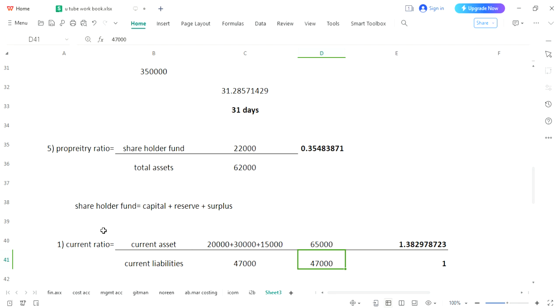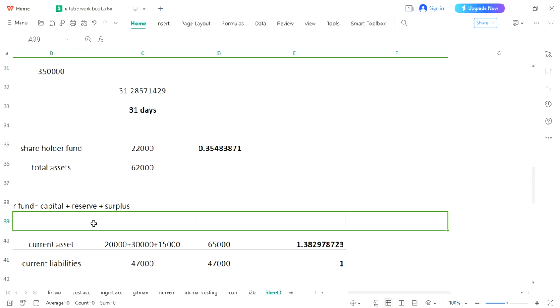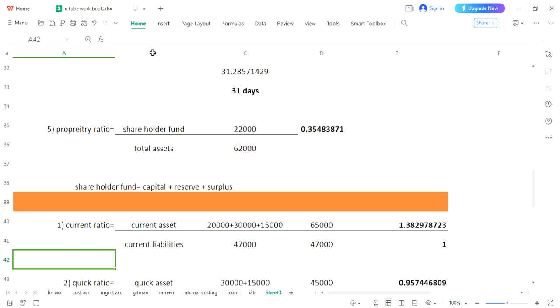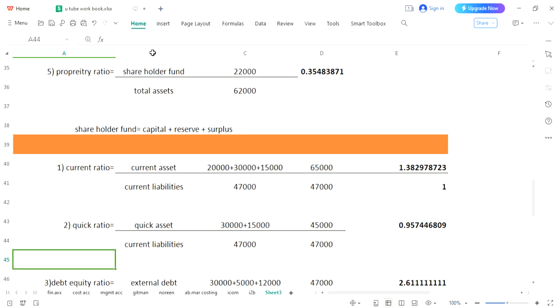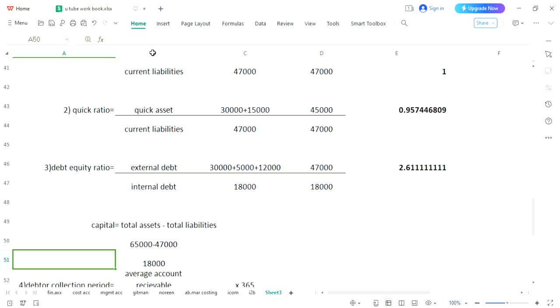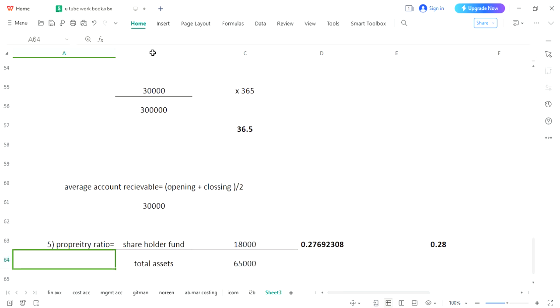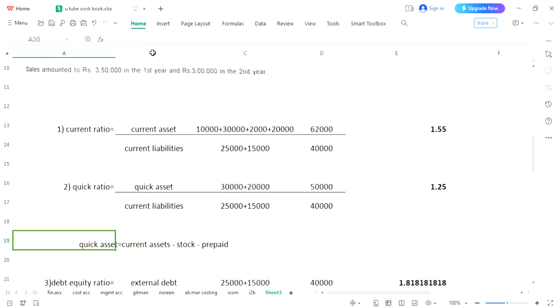In this way, first year was completed. Let's mark it and separate it. Then we have again first, second, third, fourth, and fifth requirement for second year. So in this way our question has been completed.